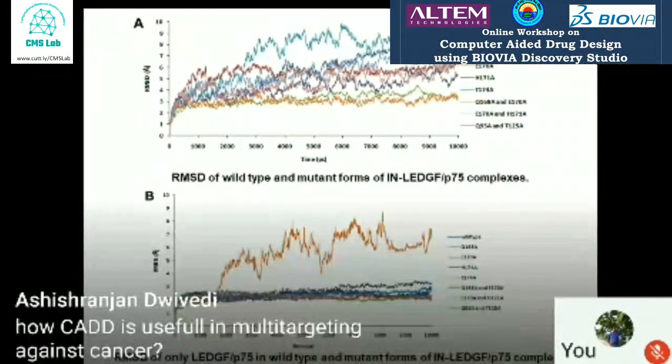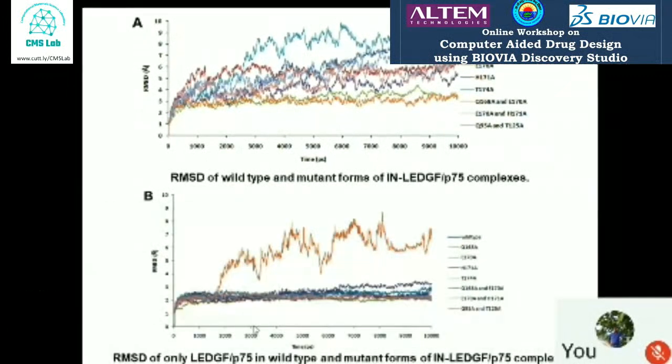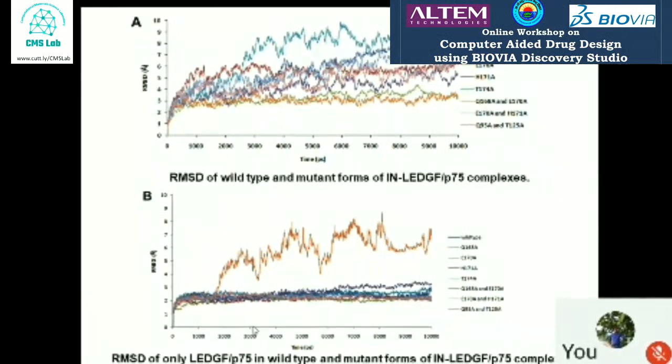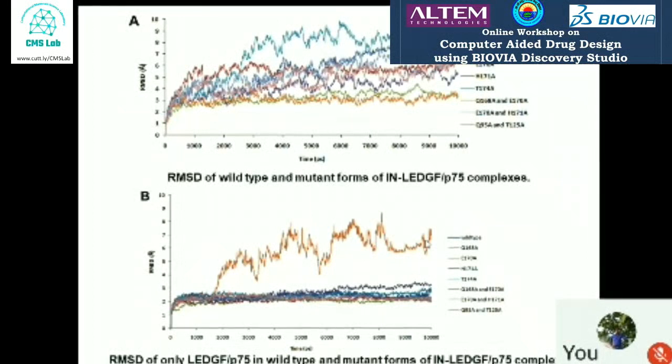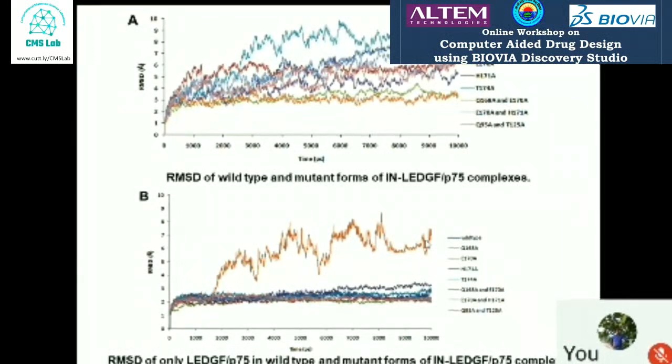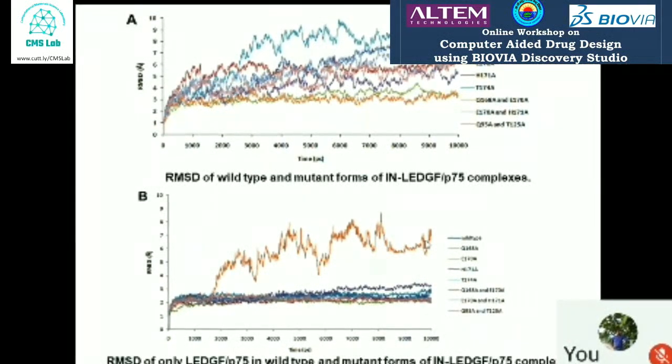So what we have done is that we try to do mutagenesis, meaning alanine scanning mutagenesis, mutating each residue into single mutants and double mutants. You can't mutate everything at a time, because then it would lose the protein function. So we do single mutants and double mutants and validate which are the critical residues, which are the hotspot residues, so that we can use those hotspot residues for virtual screening.